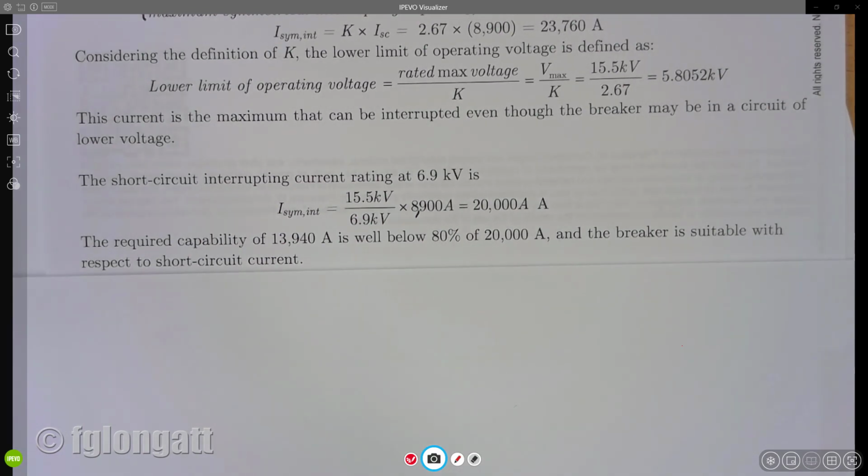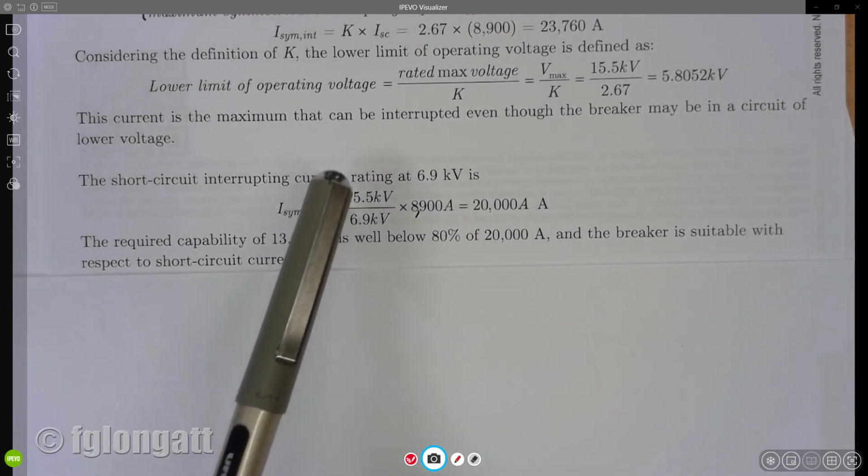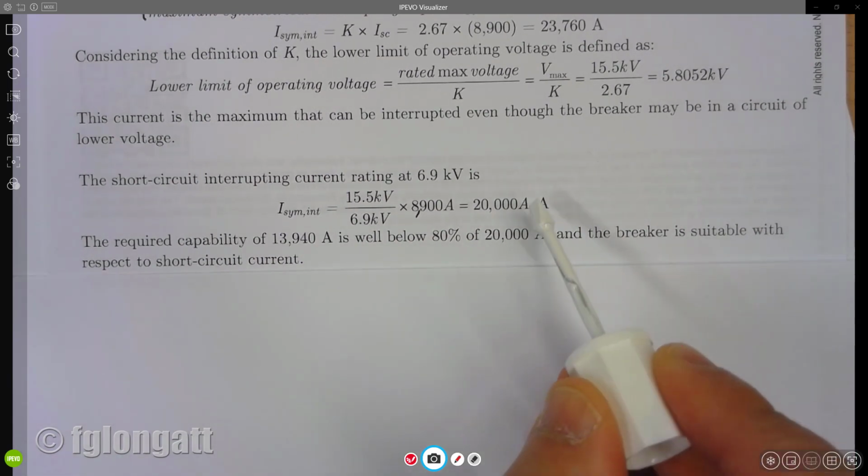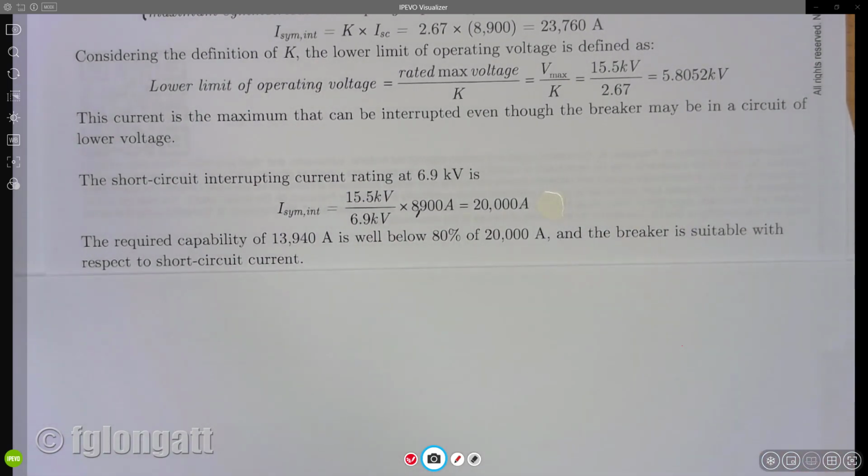Using the ratio between the maximum voltage and the voltage that we are using, we obtain that the maximum short circuit interrupting current at that voltage level will be 20 kiloamps.